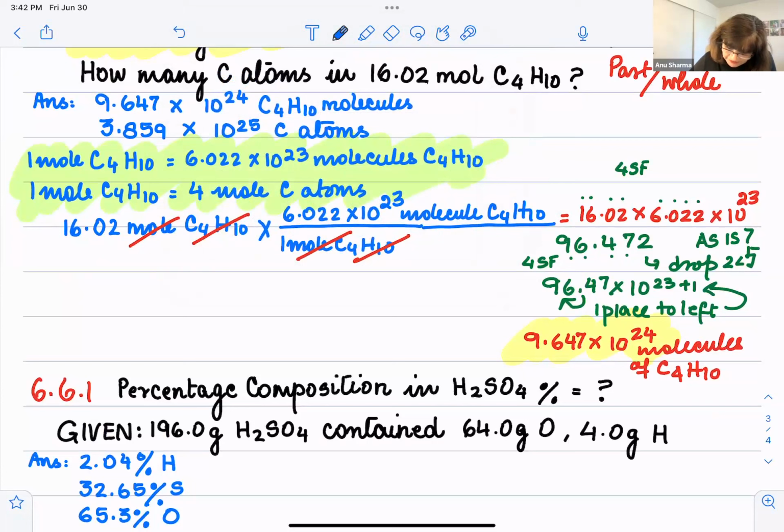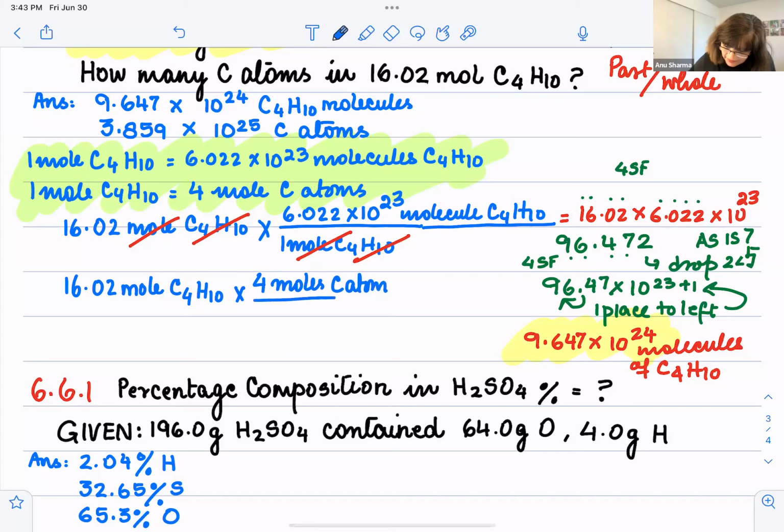So the next step is 16.02 moles of C4H10 times, how many? 4 moles of carbon atoms are present in 1 mole of C4H10 molecules.